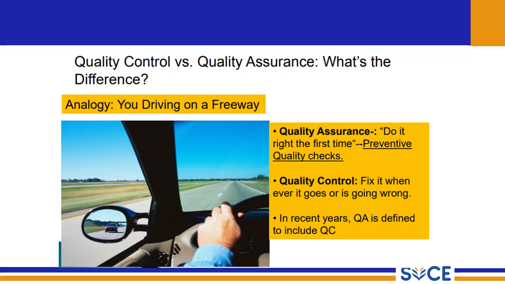That is a preventive quality check. Quality control means fix it whenever it goes wrong. Quality assurance means you make sure it prevents the accident, or prevents something from going wrong. In recent years, QA is defined to include QC.